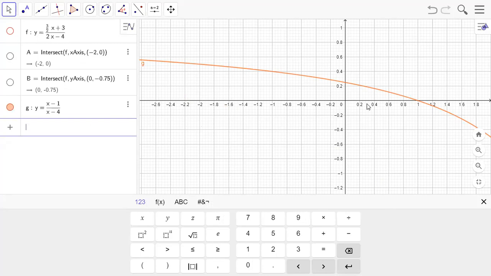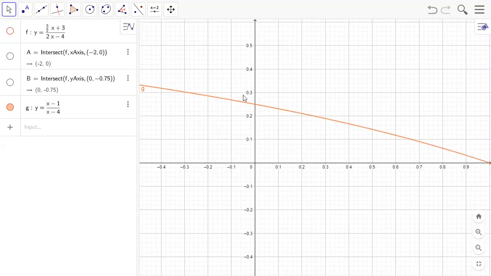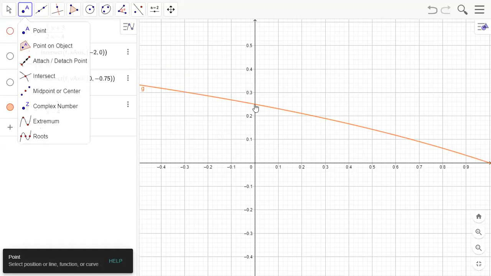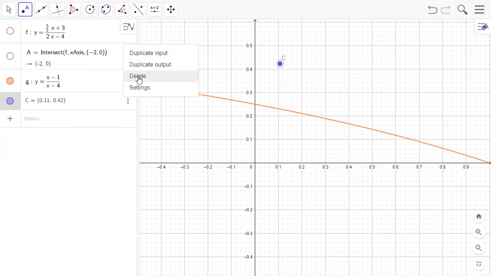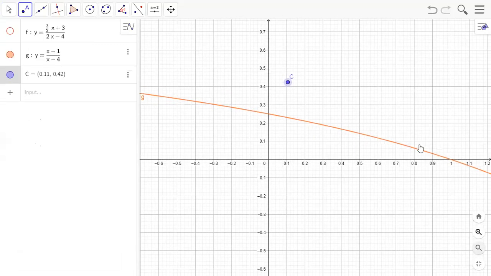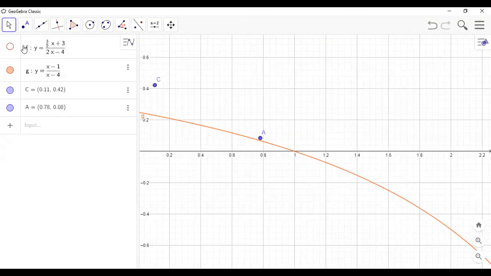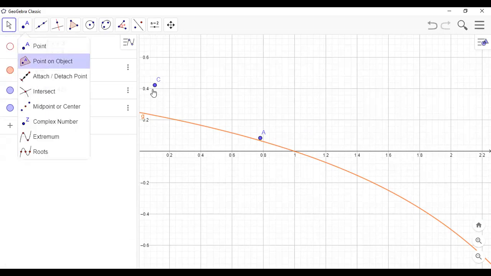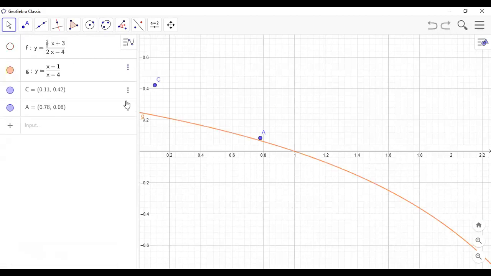Ang ating x-intercept is 1, tama? Tama na 1, di ba? So, 1.